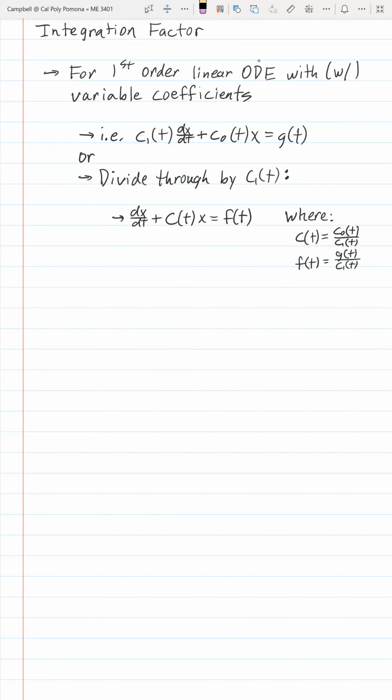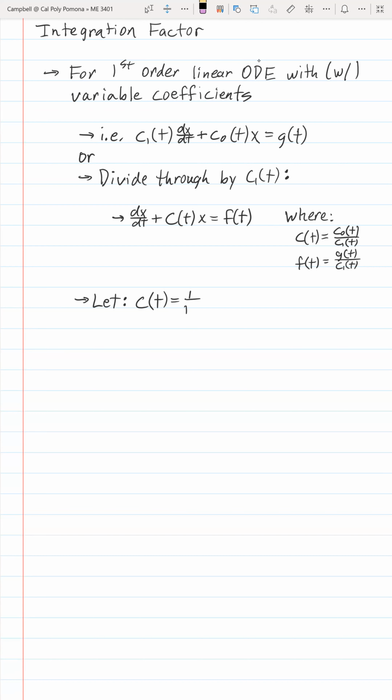So now let's go ahead, and here's where things get really interesting. Let's let this C of t equal a particular form. And we're just going to find the functions we need to find to make sure that this form works out.